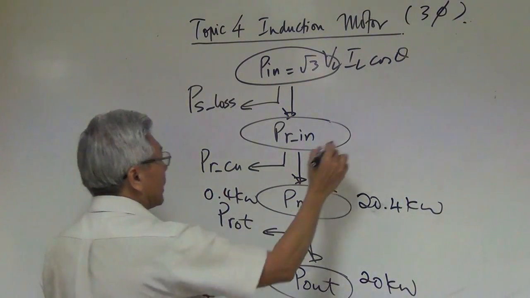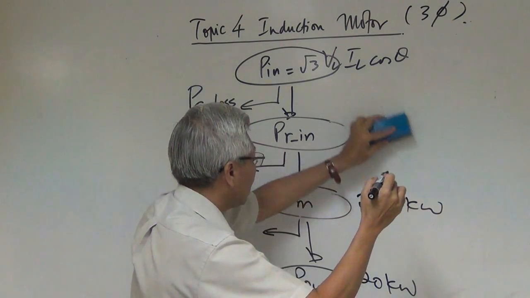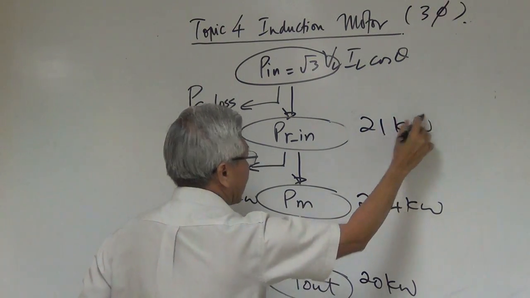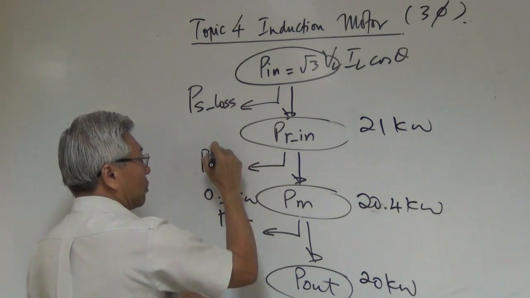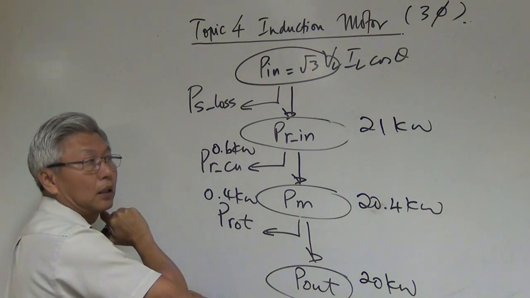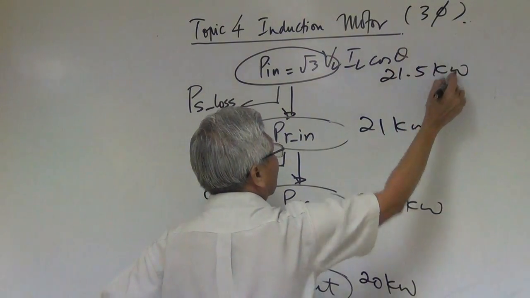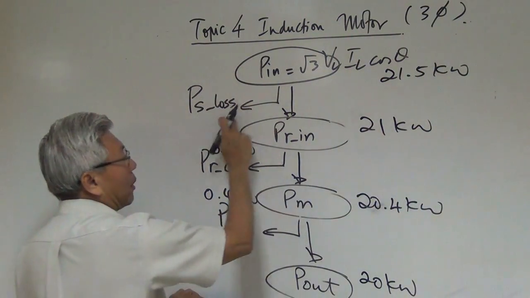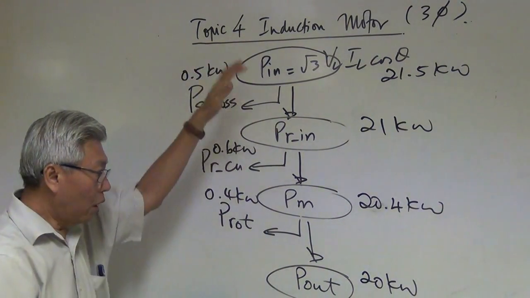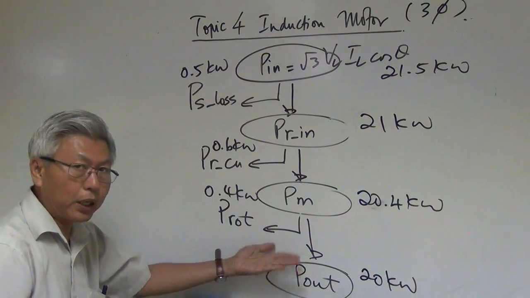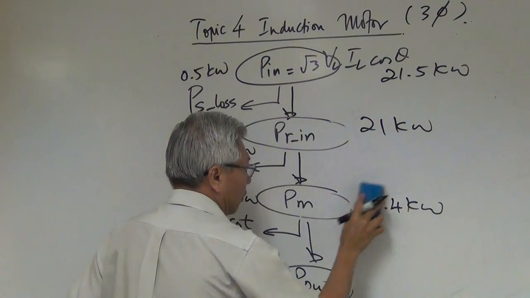And then if I say here is equal to 21 kilowatt, do you know how much is this? 21 minus 20.4, so it's 0.6 kilowatt. And if I say here is equal to 21.5 kilowatt, and here is 21, how much is here? 0.5 kilowatt. So work in a logical manner. Either you work this way or you work that way. And if it fails, then turn to the formulas.